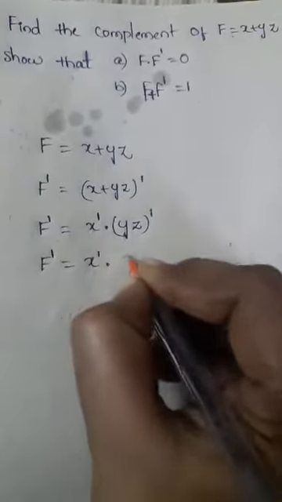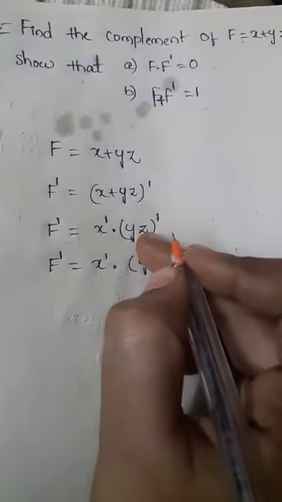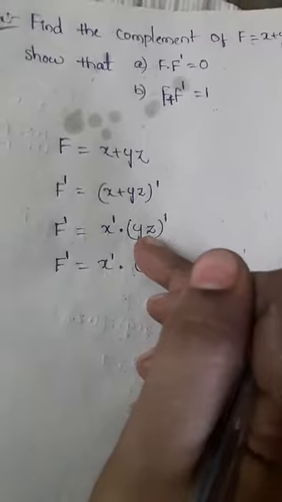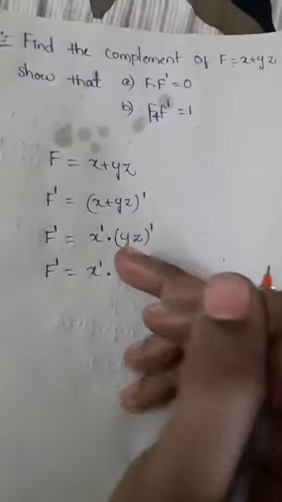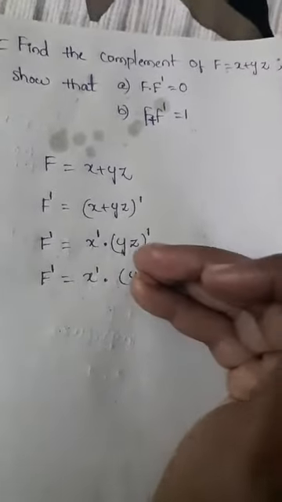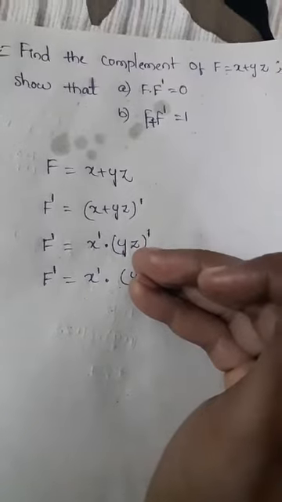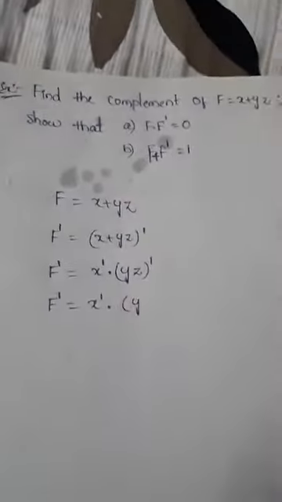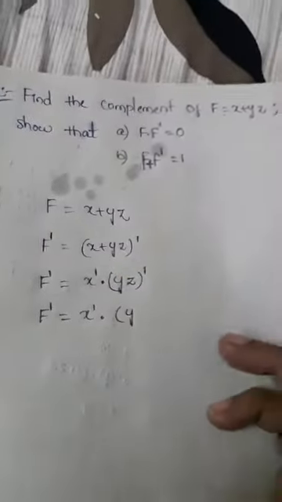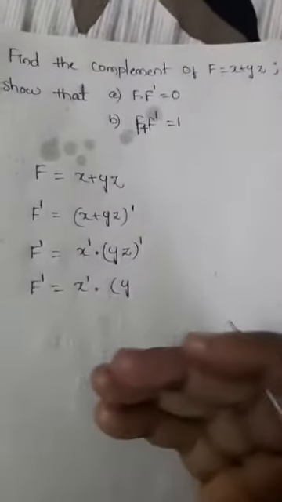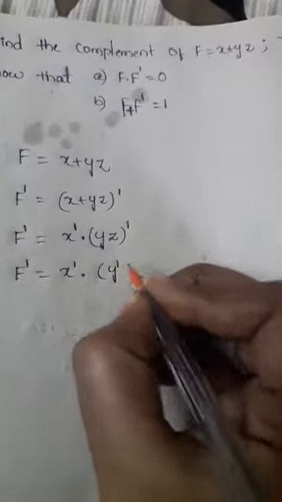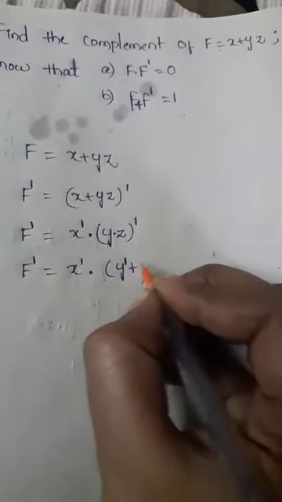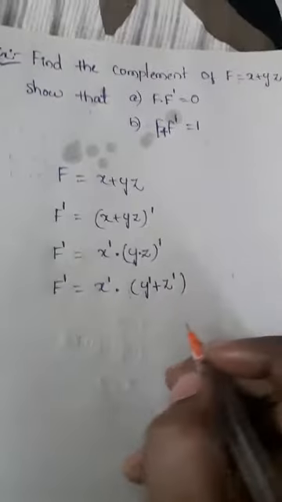So X complement into YZ complement. Again, this has two variables in an AND relation, so now I can apply the complement to these two variables, and this one term will be divided into two terms. Y complement, and the dot operation is converted to the OR operation: Y complement plus Z complement.